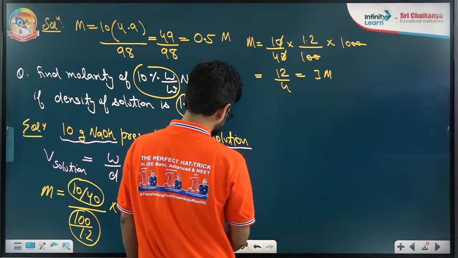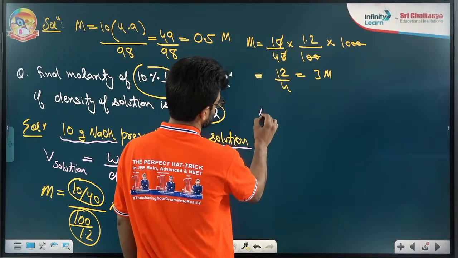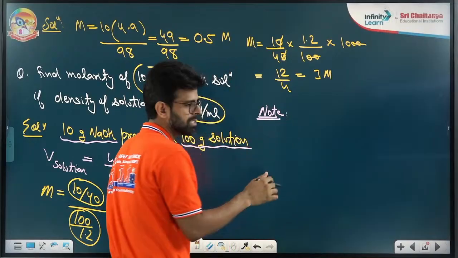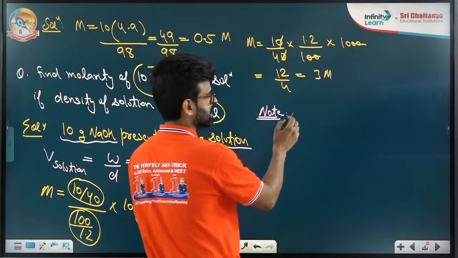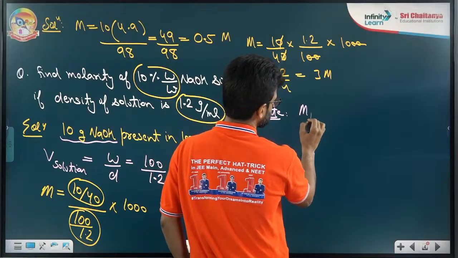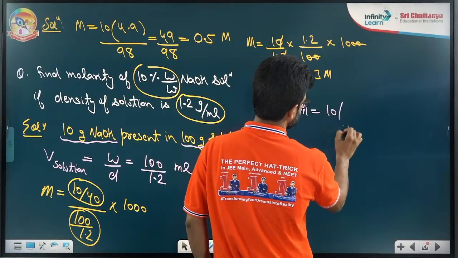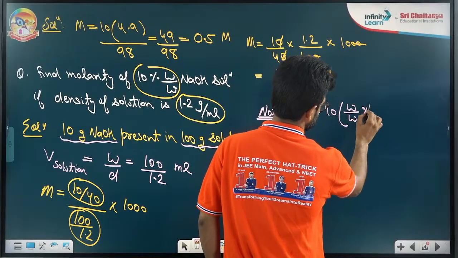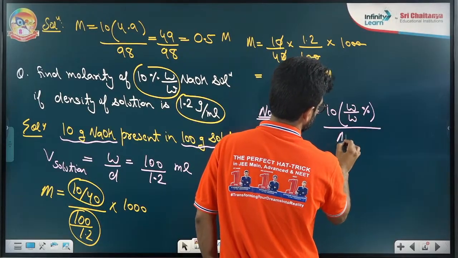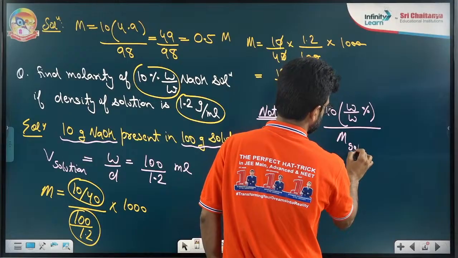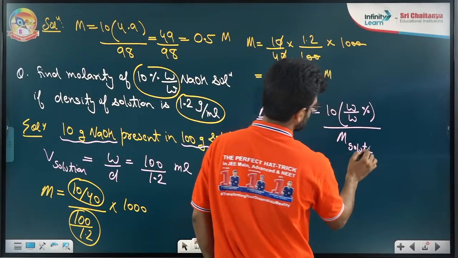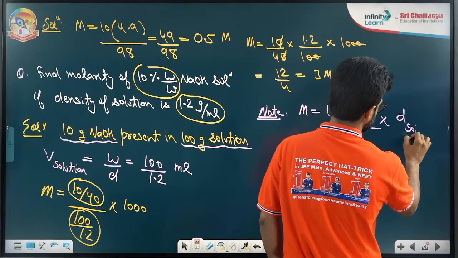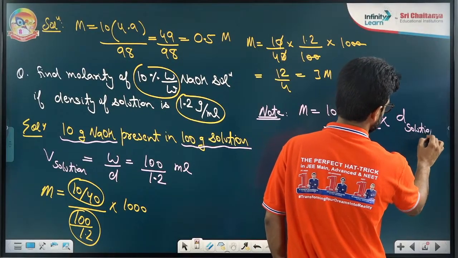Now we can see a shortcut also. If by chance you remember the shortcut, it is easier to solve the question. Look at this. The molarity is 10 into weight by weight percentage divided by molar mass of solute, and the density of solution. This is the density of solution.